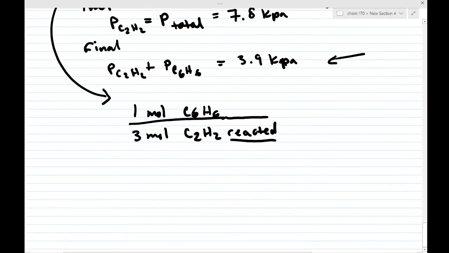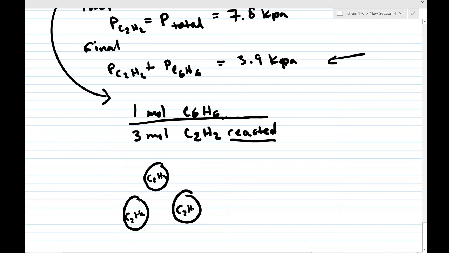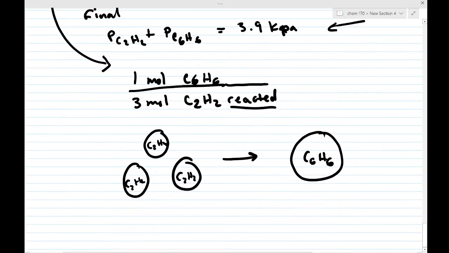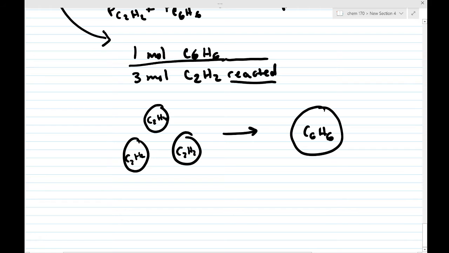Let's think about this a little bit more graphically. If we have 3 moles of C2H2 and we react them together, we form 1 mole of C6H6. So in this case, our number of moles at the starting position is equal to 3 moles, and in the final case, our number of moles is equal to 1 mole.